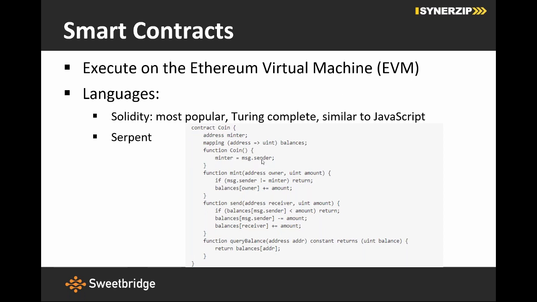And I've just put an example in here. It supports address as a first-class citizen in Ethereum. An address can be the address of a smart contract, or it can be the address of just a ledger. And then the mappings are like a hash map. They support more advanced functions.